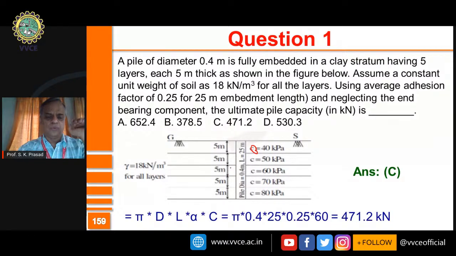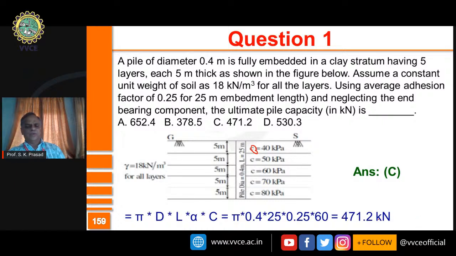So pi into d, perimeter, into total length, into alpha, into cohesion. So cohesion is not uniform. So you can take the average value, or what you can do is pi d into L1 into alpha into C1 plus pi d into L2 into alpha into C2 plus pi d into L3 into alpha into C3, and so on.